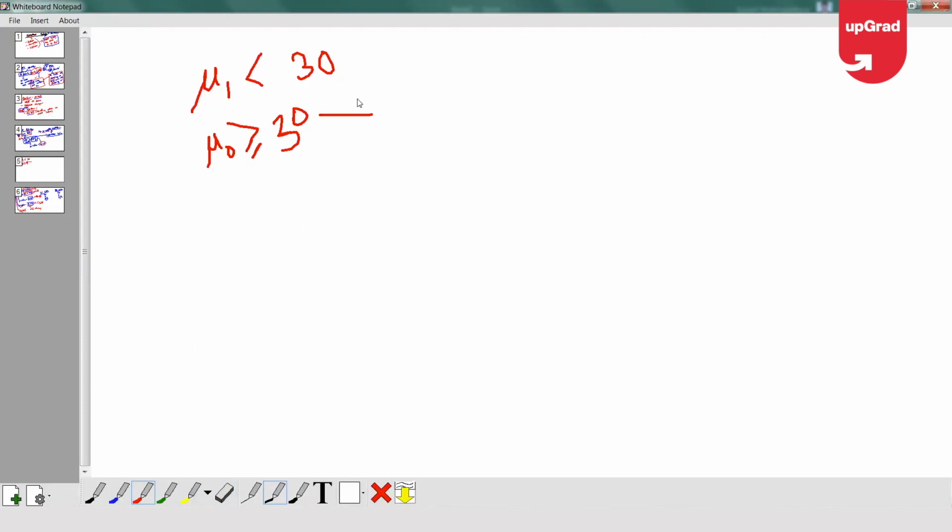Now, if the p-value of this particular assumption is say 0.03, right?